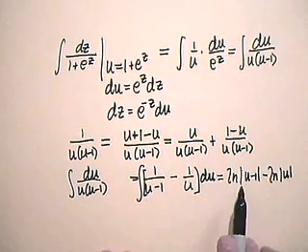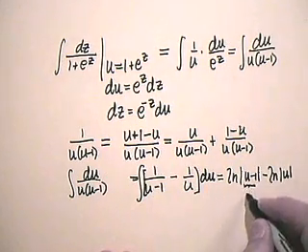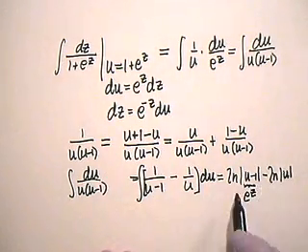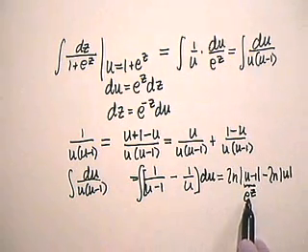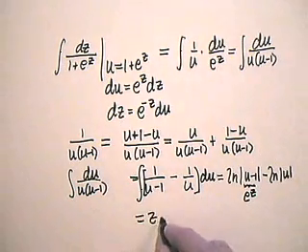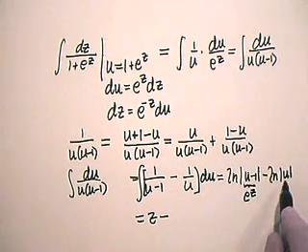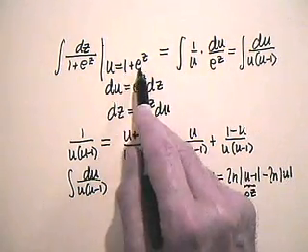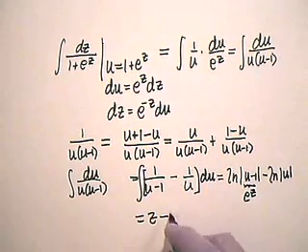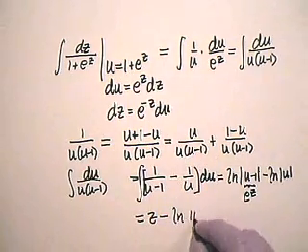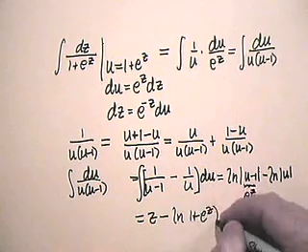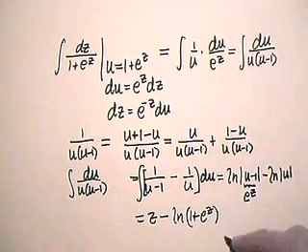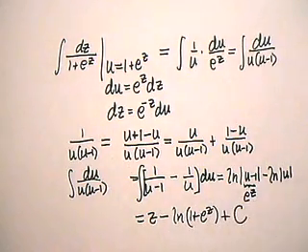Well, that's e to the z. So this is the natural log of e to the z, which is z. So we have z minus the natural log of the absolute value of u. Well, u being 1 plus e to the z is positive, so we get the natural log of 1 plus e to the z. And then finally, what's our last step? Add the big capital C.